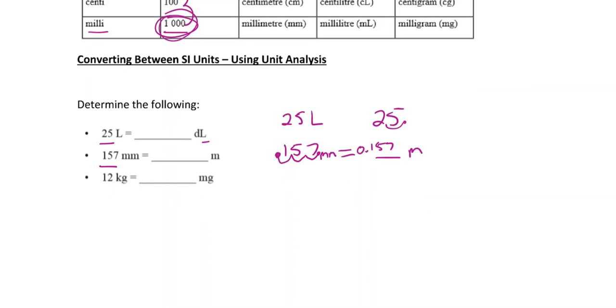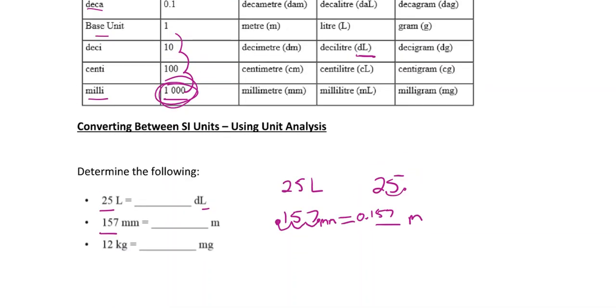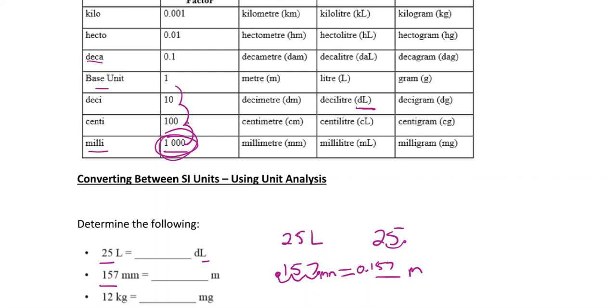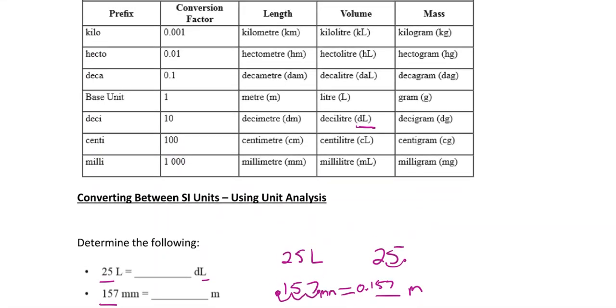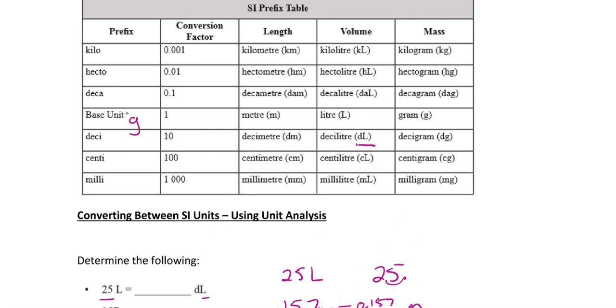Okay, 12 kilograms to milligrams. We're starting at this one, and we're going down to this one. So how many would there be? 1, 2, 3, 4, 5, 6.